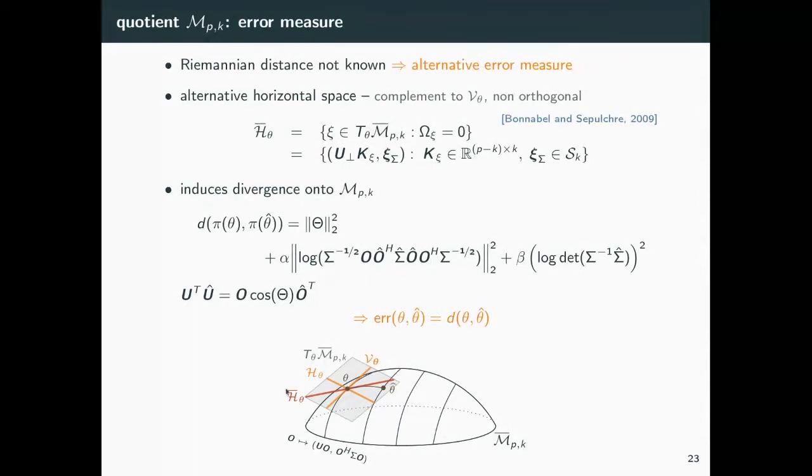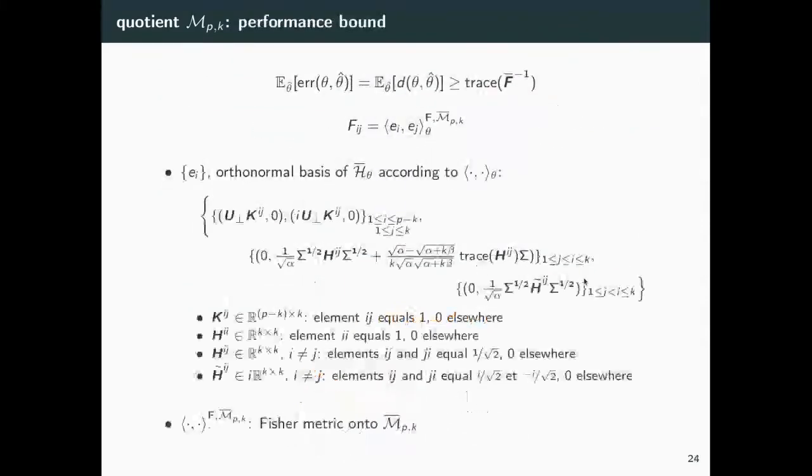So we don't take the orthogonal complement to the vertical space, but we still take a complementary space, which is not orthogonal. So the counterpart is that we don't have a distance function, but a divergence, which is given by this formula here. But we can still work with it, and in fact still define a performance bound.